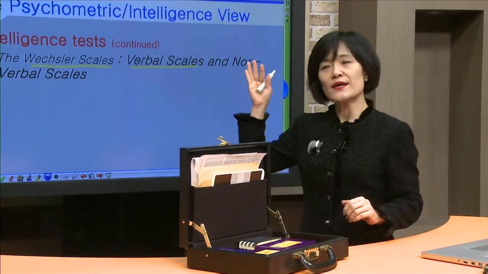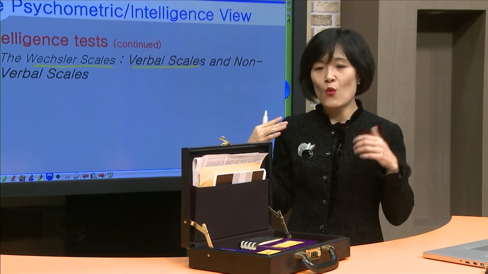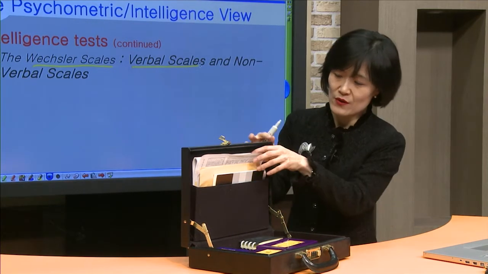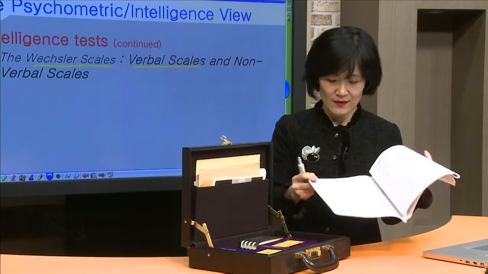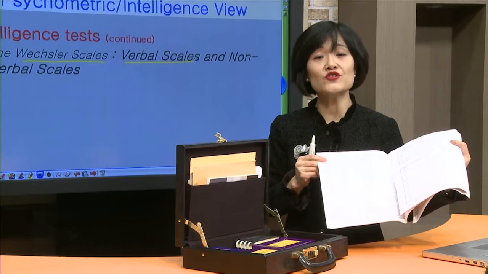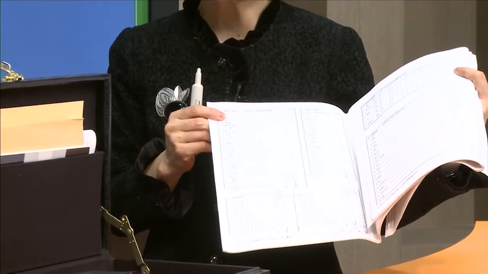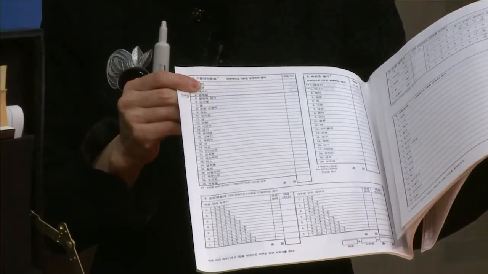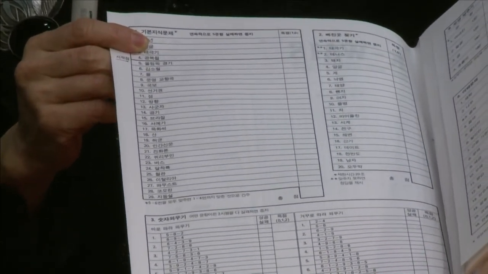So usually they ask about comprehension and how wide the concepts people know. So this is a kind of answer sheet to ask the questions, and there are particular items developed in a particular cultural group, and this is for the Korean version.